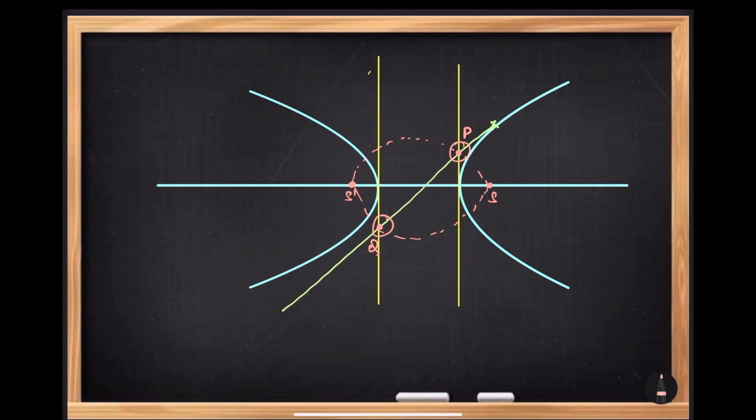If you draw a circle passing through these 4 points, you will have only one circle. So these 4 points P, S, Q, S dash are concyclic, whose diameter will be PQ. Okay, I hope these properties are clear.